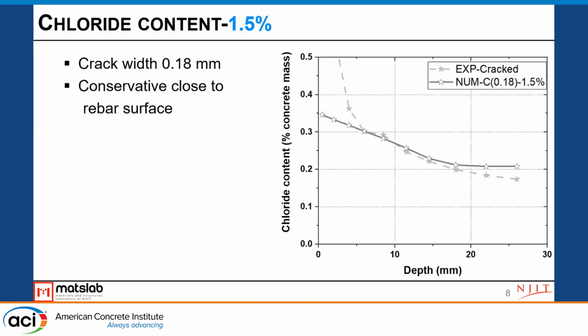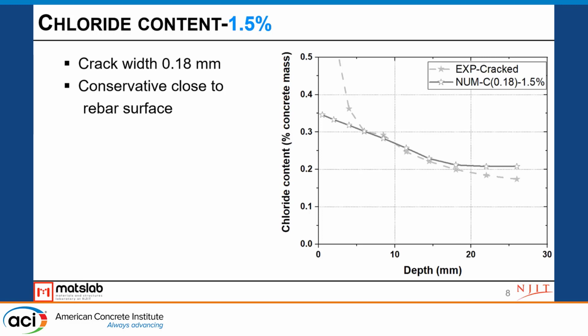We may notice in the first layers close to the surface, the numerical results underestimate the experimental test. This is because close to the surface, it is a convection zone, which is kind of tricky.